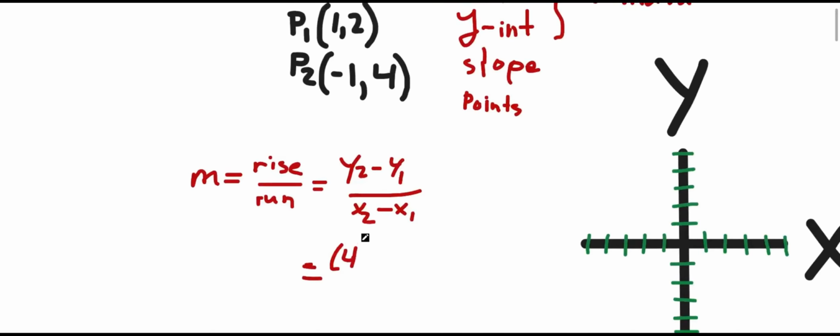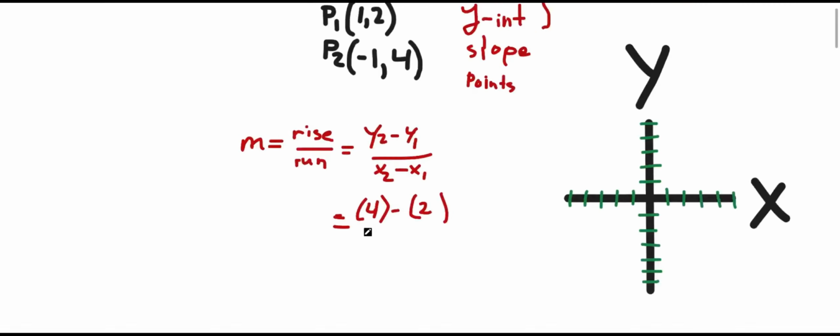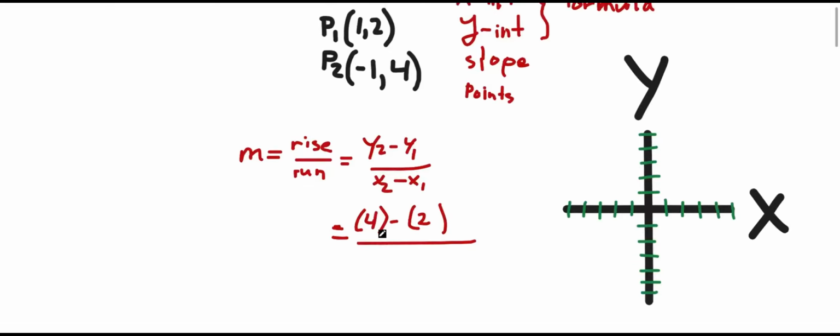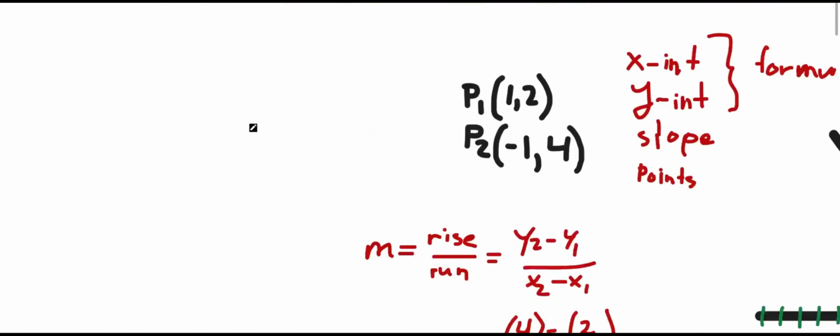So y2 is equal to 4, y1 is equal to 2, x2 is equal to -1, and x1 is equal to 1. So we would get 2 over -2, which is -1.